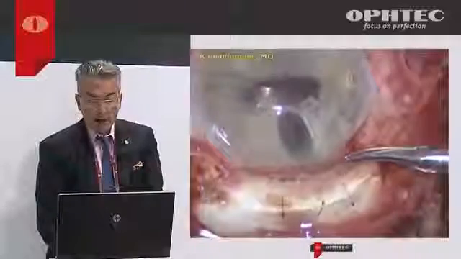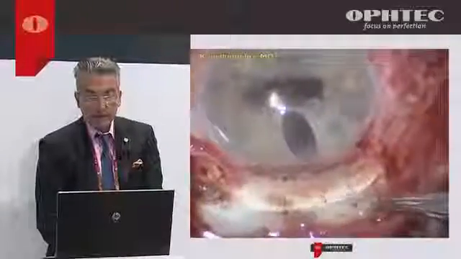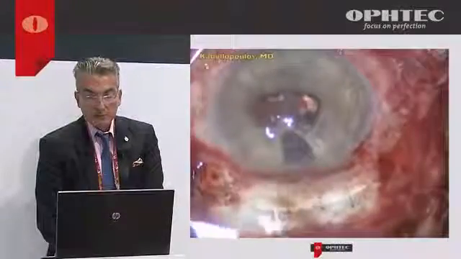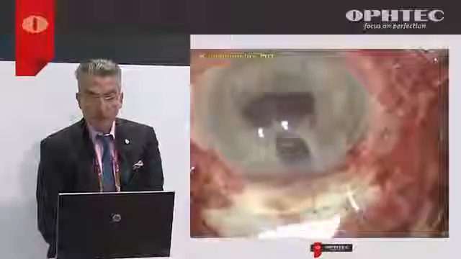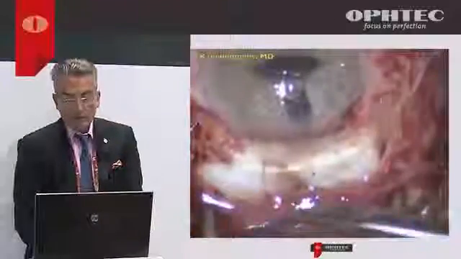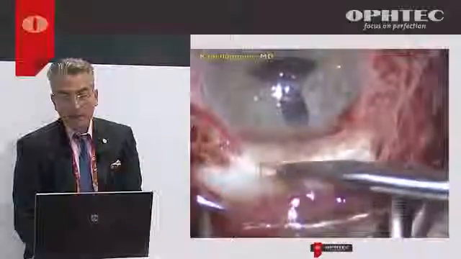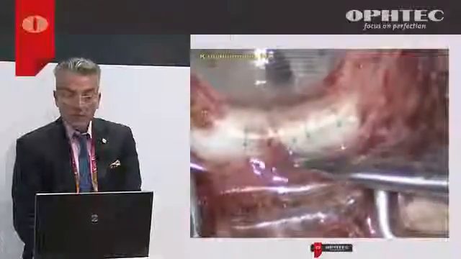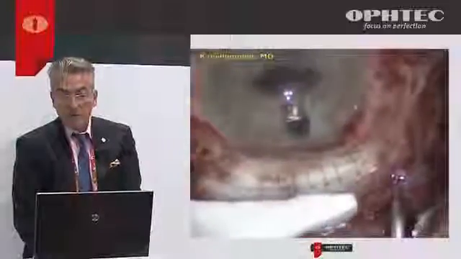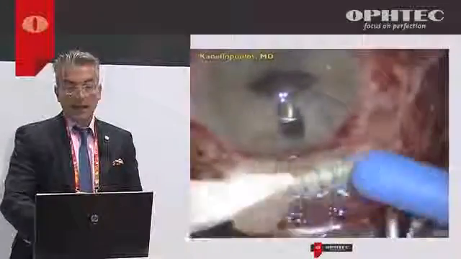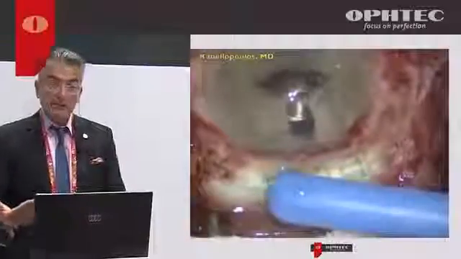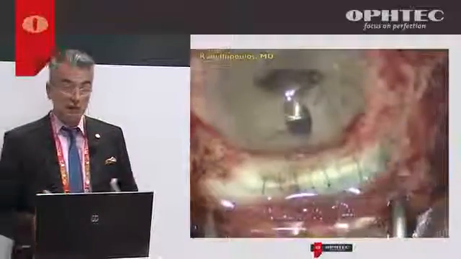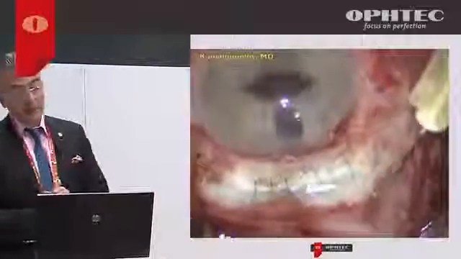At the end of this procedure, we're just going to place an Ahmed valve implant, and I'll fast forward that, which is really not relevant to our subject today. The point I want to make is that the Ahmed valve tube is placed in the anterior chamber, and moving the intraocular lens behind the iris gives us a lot more room and a lot of flexibility.